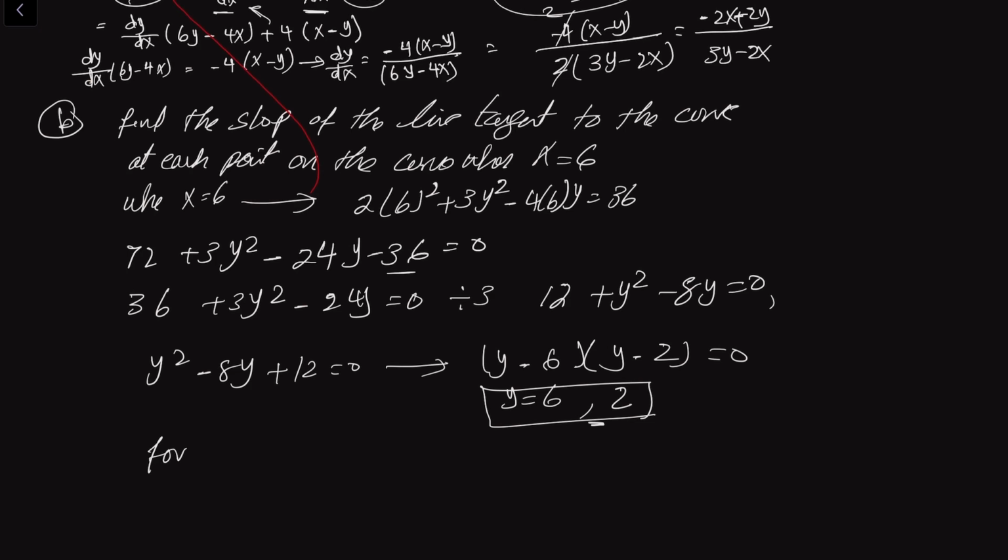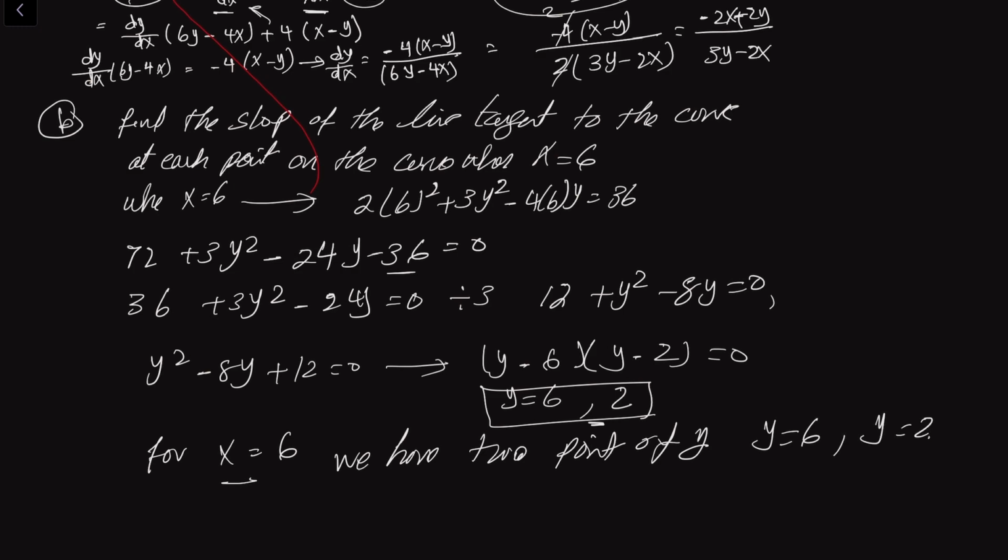So for x equals 6, we have two points of y, which is y equals 6 and y equals 2. So that means the two points are (6, 6) and (6, 2).